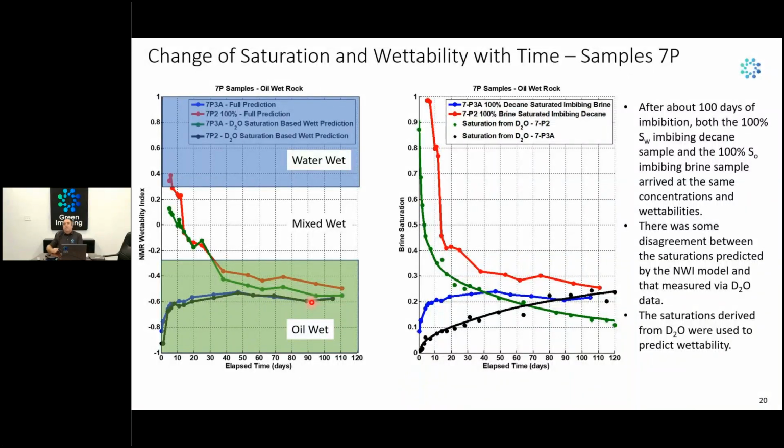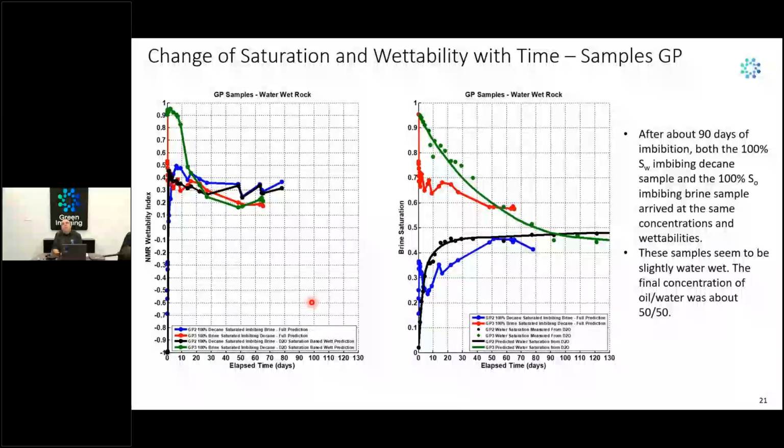Here's another set of data for a different set of samples. These were samples GP2 and GP3. Again, let's look at the wettability first. Same as before, one of the samples was 100% water saturated, imbibing decane, and the other was 100% oil saturated, imbibing brine.